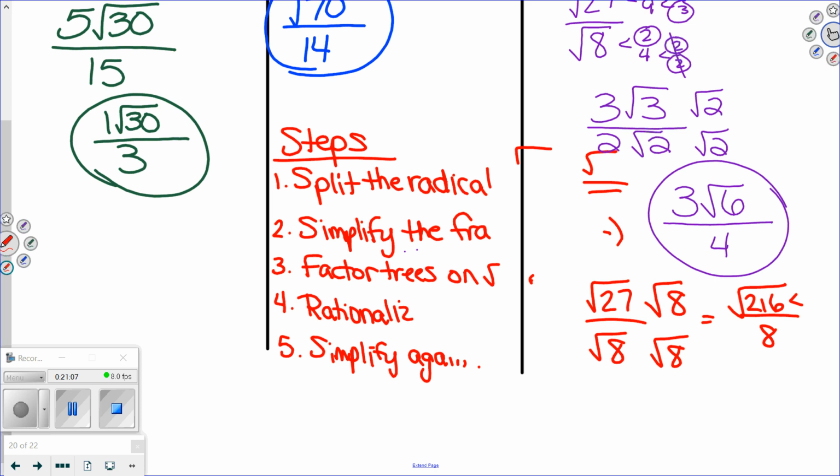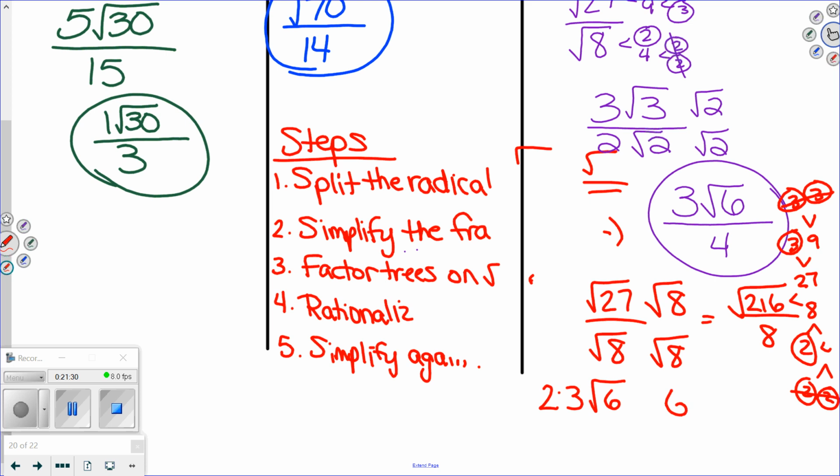It's bigger, right? So I got 27 and 8, 3 and 9, 3 and 3, 2 and 4, 2 and 2. So then I'm looking for pairs. I'm like, okay, I got a pair of 2s, I got a pair of 3s, I got a leftover 2 and a leftover 3, so it's a radical 6.